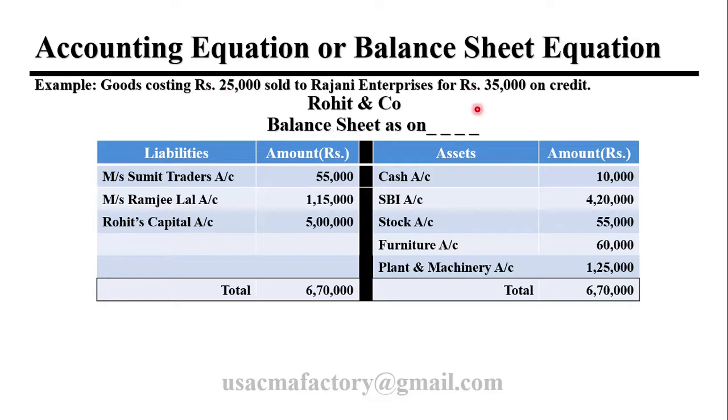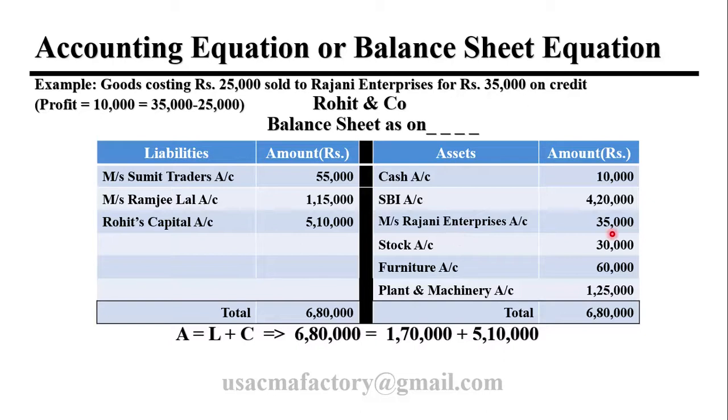Some profit is made here: 35,000 minus 25,000, that is 10,000 profit. And Rajni Enterprises is a customer, so no cash payment made by Rajni Enterprises, so a new asset will come here with this 35,000 and stock should be reduced by 25,000. So let us see the next screen.